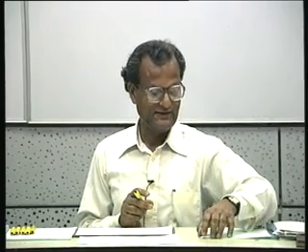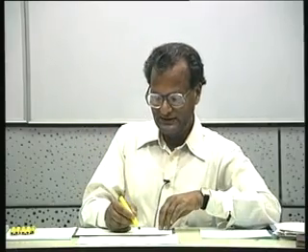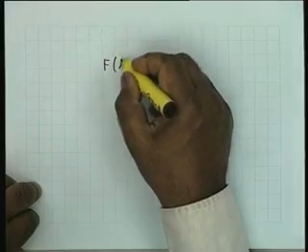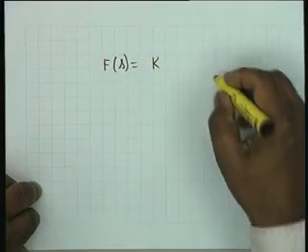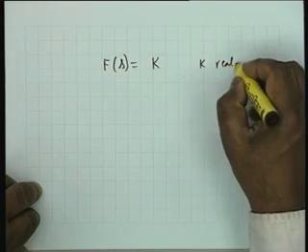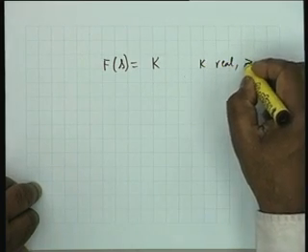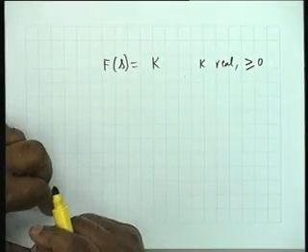They are simple mathematics, but the concepts are important, and if one loses sight of one small concept, one is able to make a Himalaya mistake, a mistake which is of the dimension of Himalayas. Now very simple examples. Suppose f of s is a constant, let us say k, where k is real and non-negative.